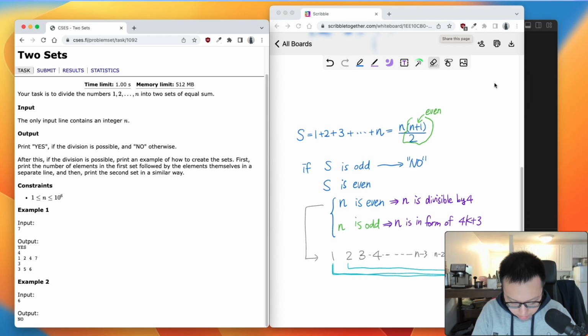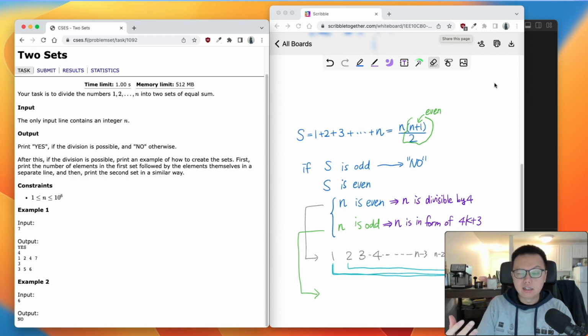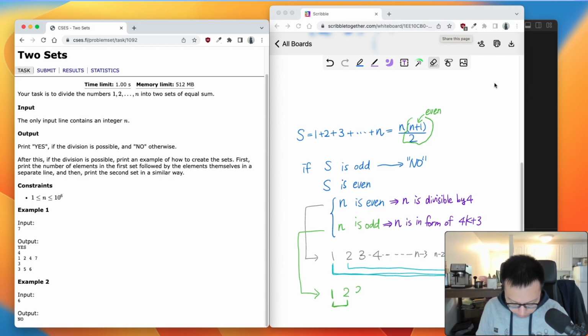So what can we say about the second case? In the second case, when n is odd, there's a trick. We still want to form groups of 4, right? But there should be one group that cannot have 4 numbers. So one trick here is that we can observe that the first two numbers, 1 plus 2 equals 3, right?